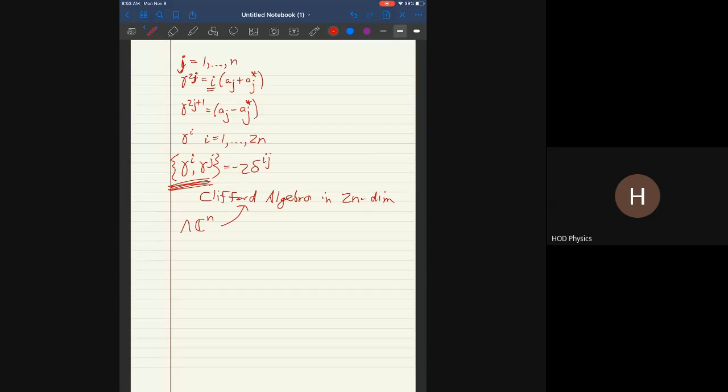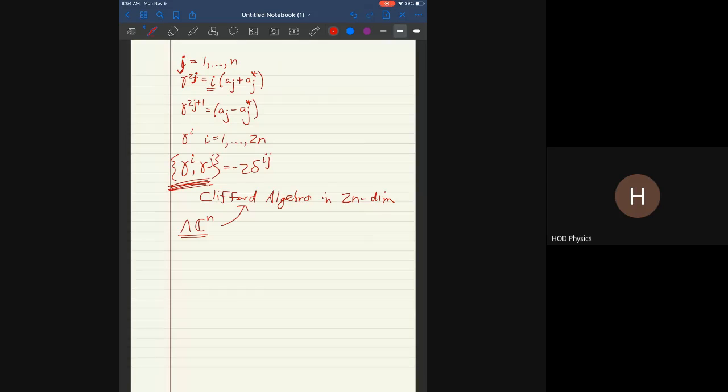And it's easy to check that these operators can mix any element of this vector space into any other element, convert any element into any other element. So it's an irreducible representation of the Clifford algebra in 2n dimensions. Well, that irreducible representation has a name. It's nothing but the Dirac spinor in 2n dimensions.